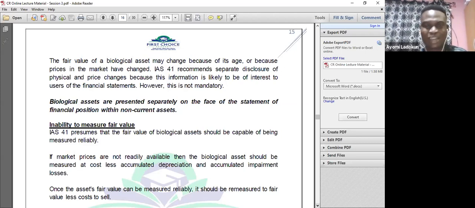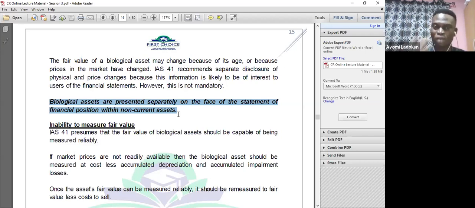Now look at this. Biological assets are presented separately on the face of the statement of financial position within non-current assets. So within your non-current assets, just like IFRS 5, you remember, assets held for sale, we also present it separately. The same thing is applicable here.